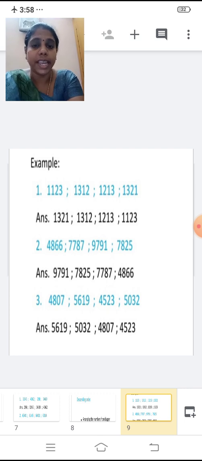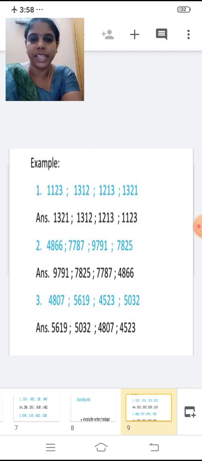Sorry, you have to compare the second number and the fourth number. 7787 and 7825, right? So 7825 is bigger. Then 7787. So then last 4866.